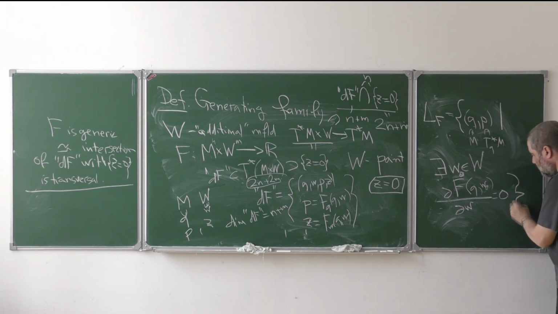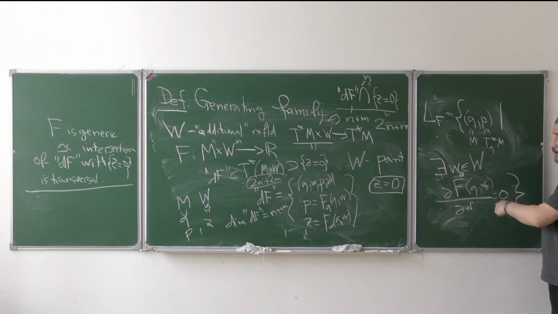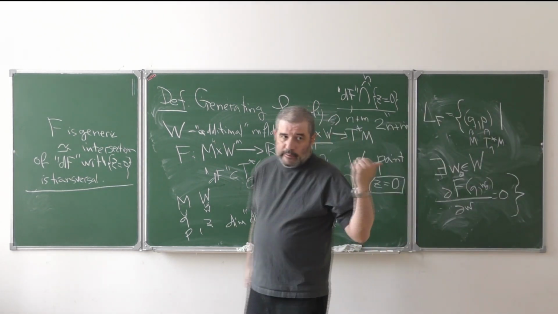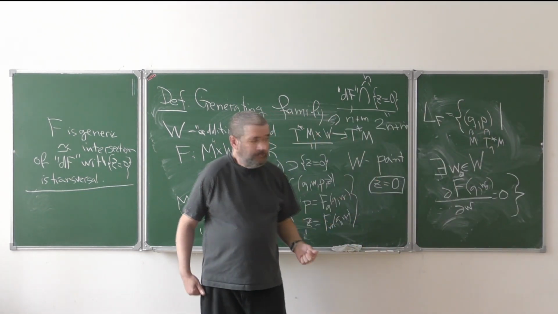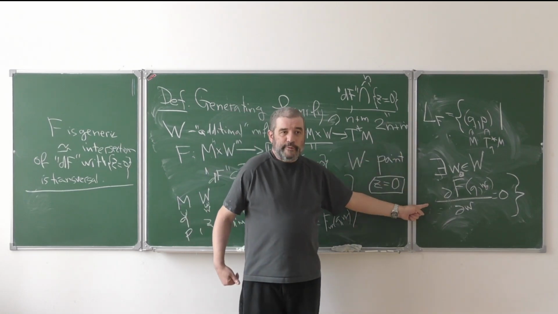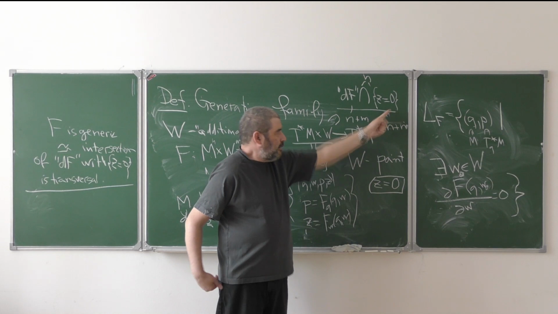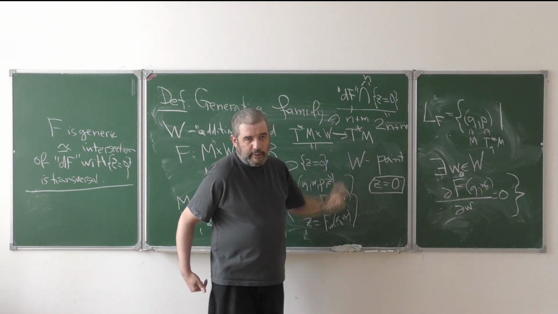Check that definition, that it is exactly what I have said geometrically. Now I write down the formula. That is the definition of the projection of that guy to the small cotangent bundle.